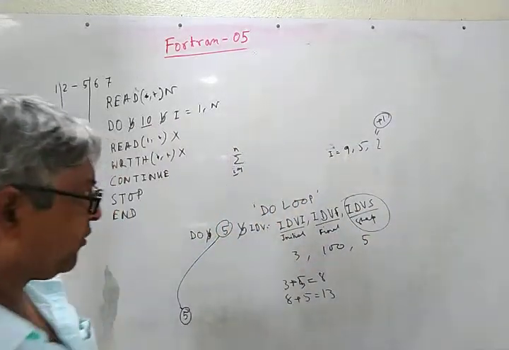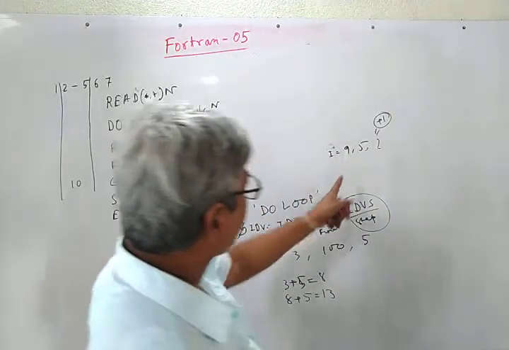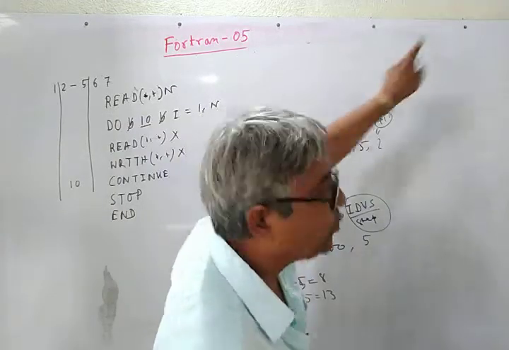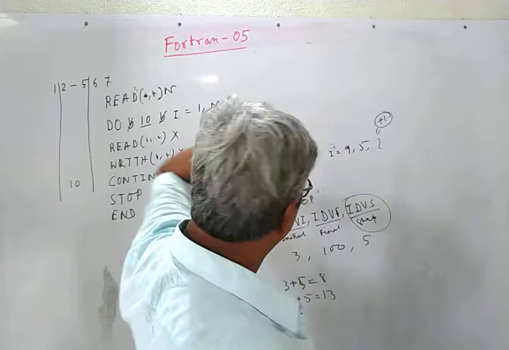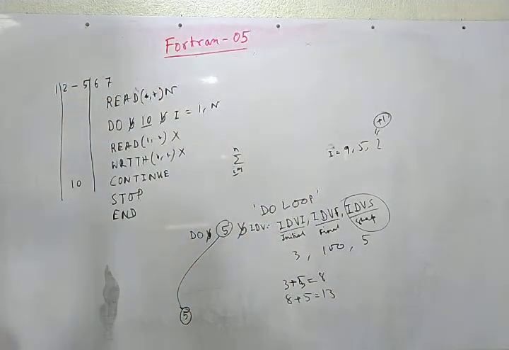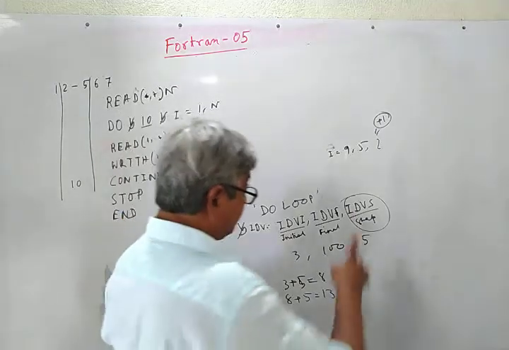So it is not possible to arrive at 5 starting from 9 by adding +1. So the loop will not be executed. This entire block will be skipped in the program. So we must take precaution of this.